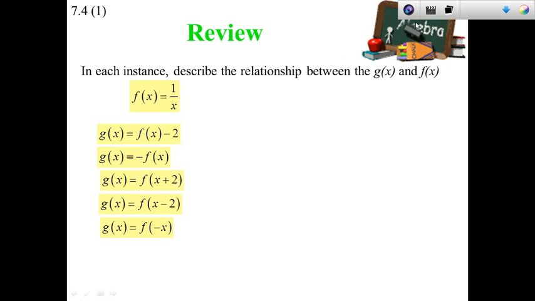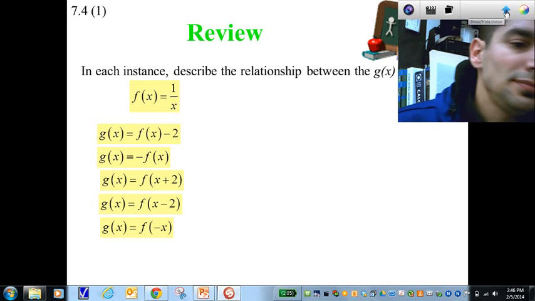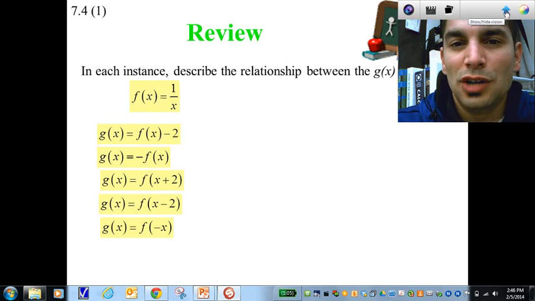Do you know? It's shifted which way? It's outside. Shifted down 2. I'm hoping you all know that. g of x is f of x shifted down by 2 units.